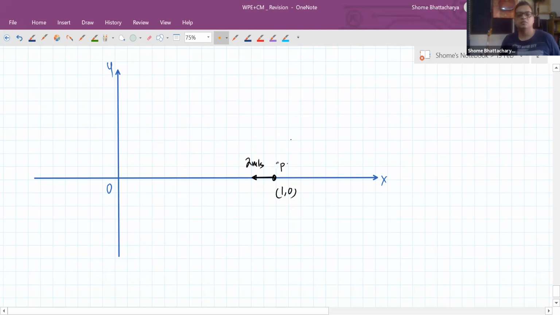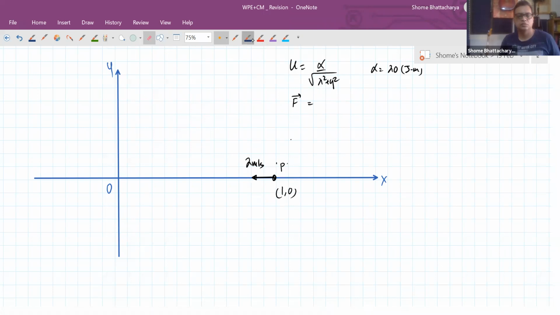So this particle P, now we know that the potential energy was given by this relation, where alpha was 20 joule meters. So from that, in general, we had got the force as an expression like this.